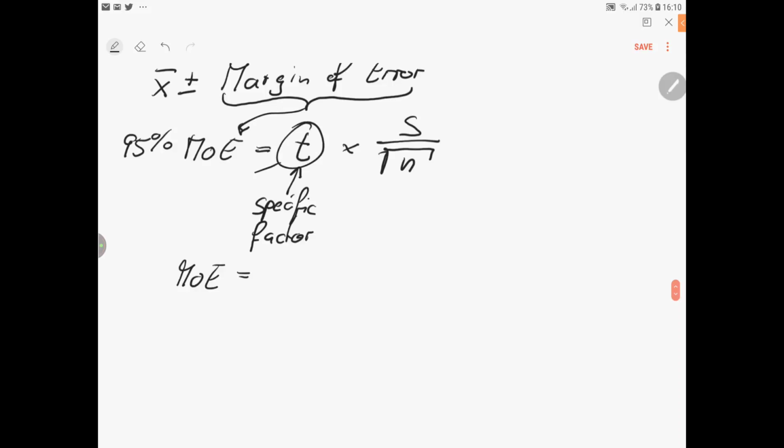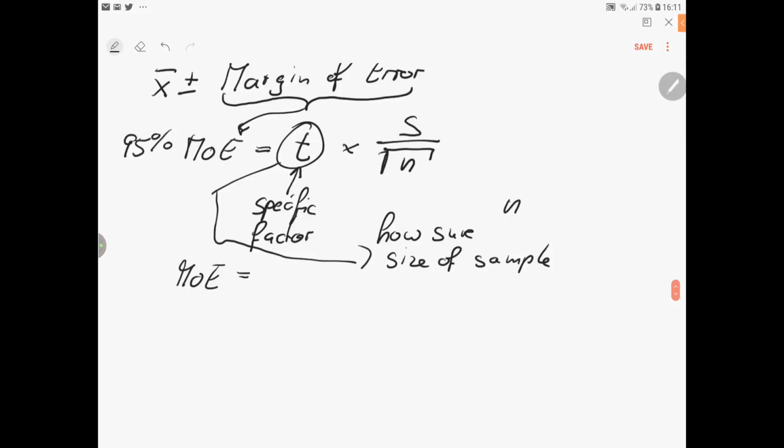It depends on how sure we want to be, and on the size of our sample. Now, for n equals 3, t equals 4.303.